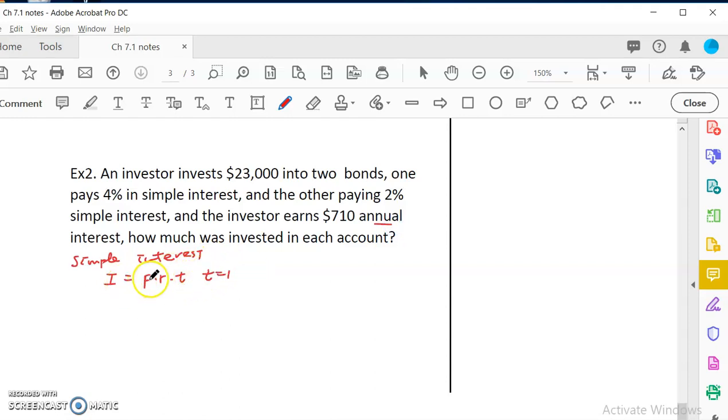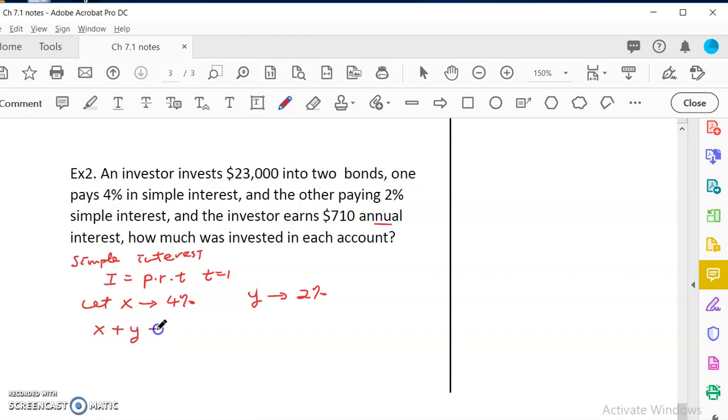So interest is the principal times R. Now, because this is split from $23,000 into 2 bonds, we don't know how much each will earn. So we let X be the amount that goes to the 4% bond, Y be the amount that goes to the 2% bond. Okay, so then you will have two equations.